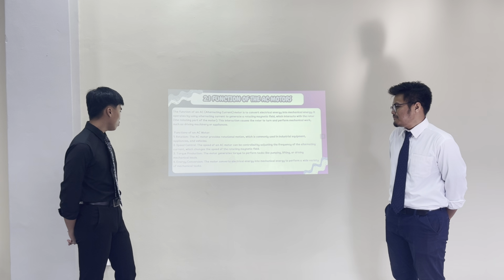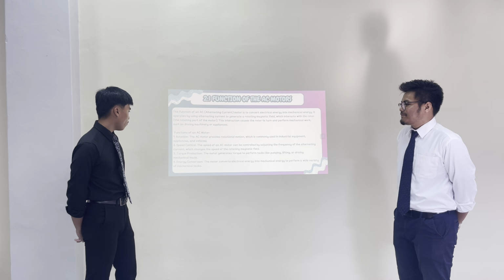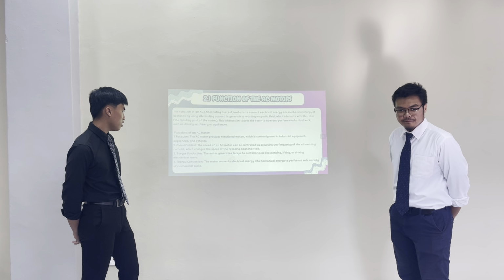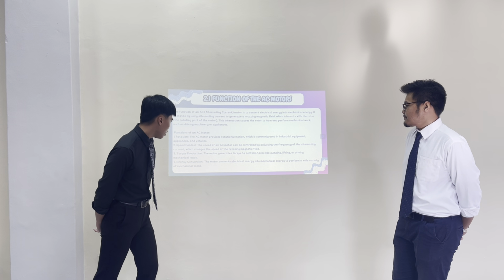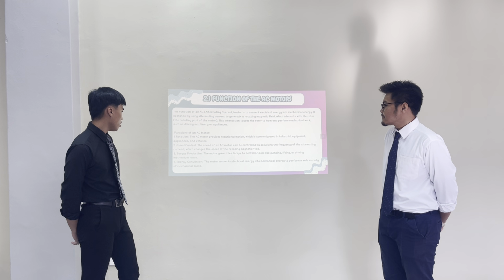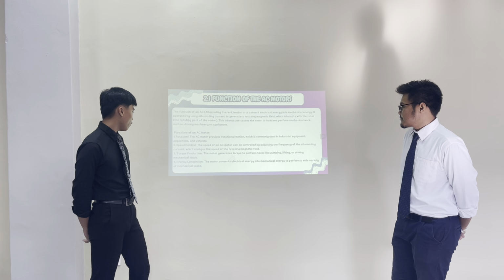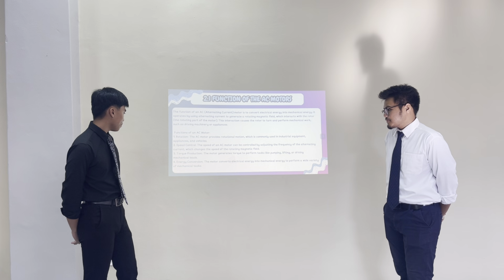2. Speed control. The speed of an AC motor can be controlled by adjusting the frequency of the alternating current, which changes the speed of the rotating magnetic field. 3. Torque production.